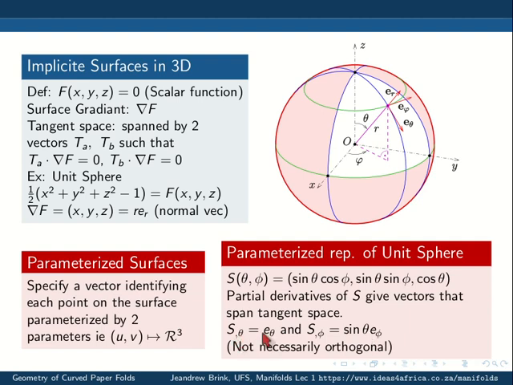In other words, e theta dotted with e phi is 0. It need not necessarily be true. If you take these partial derivatives of your parameterized surface, you will get 2 vectors, but their dot product need not vanish. If you want an orthonormal basis, you have to normalize those vectors and find a linear combination of them that is actually orthogonal.